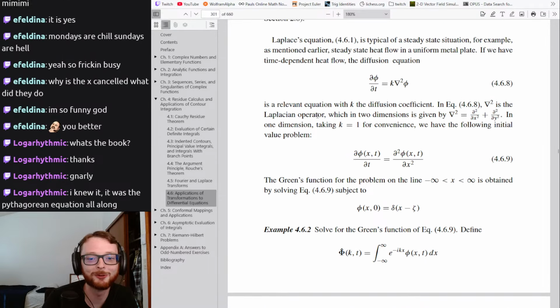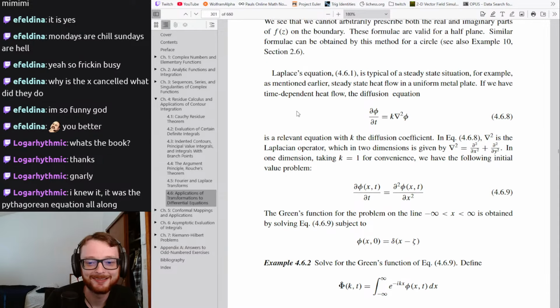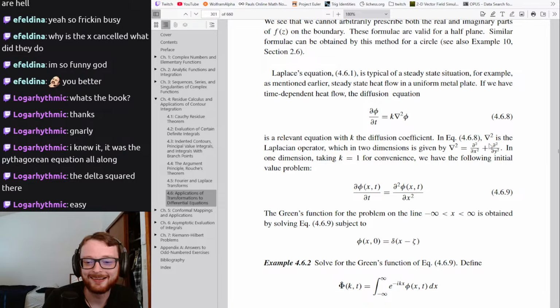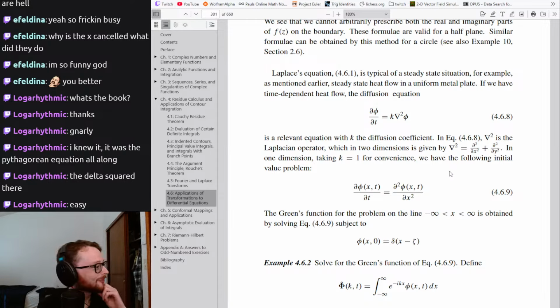Pythagorean equation all along. I wish. There's actually, this little thing here does look a lot like the Pythagorean equation with the squares and stuff. Yeah. No, unfortunately, as far as I know, this is going to be completely unrelated. Is there a shape I can draw? I don't think so.